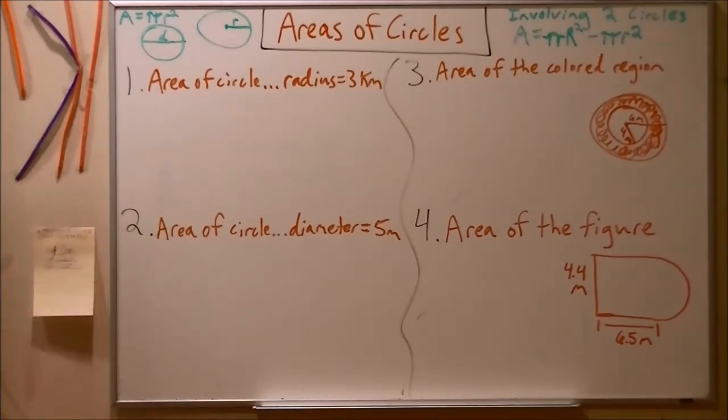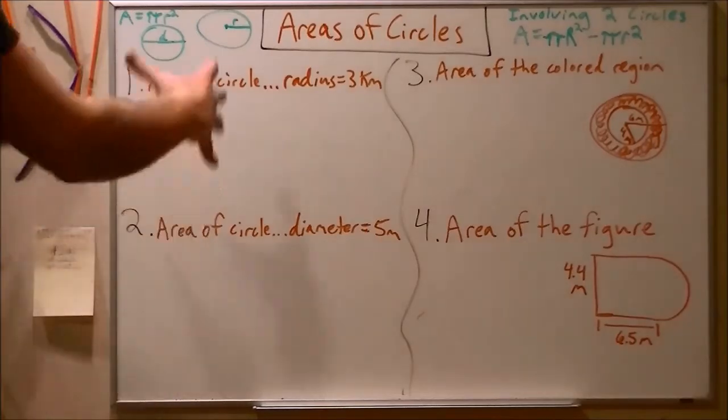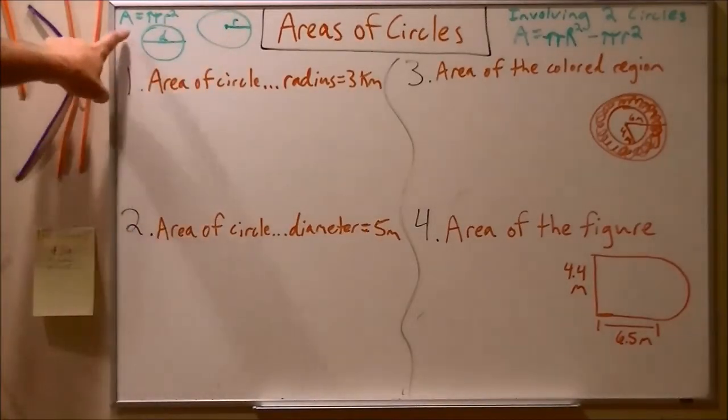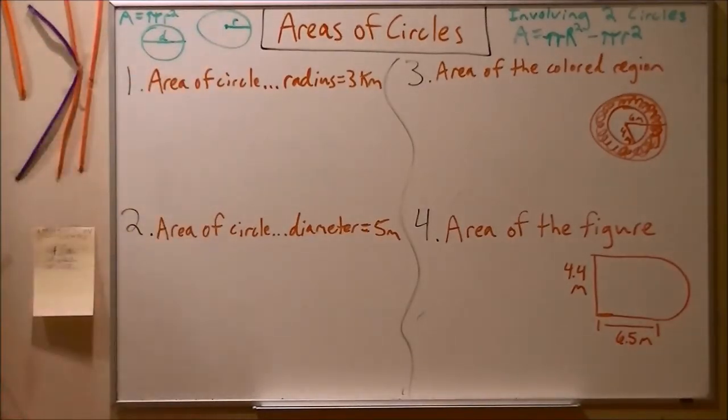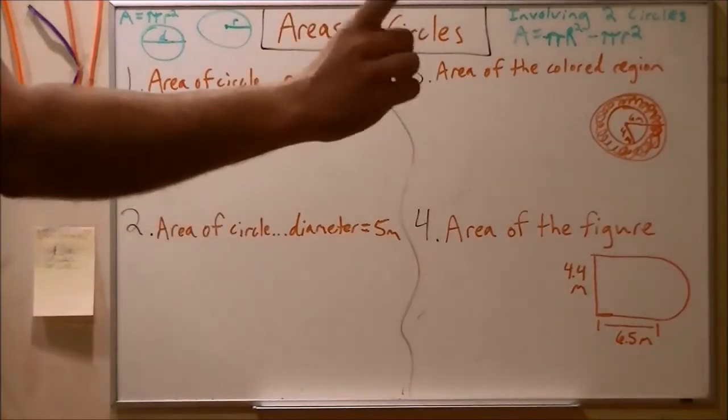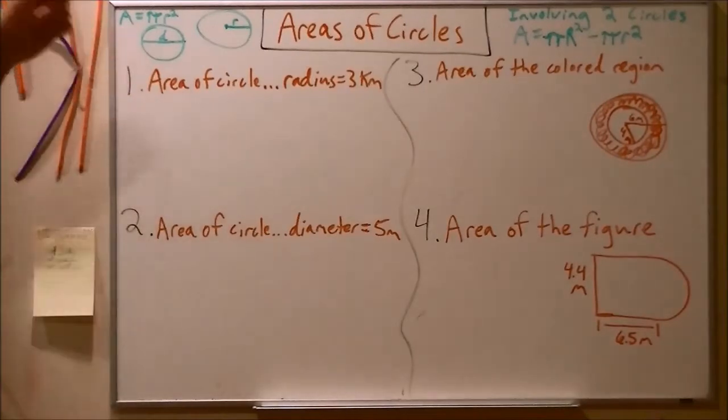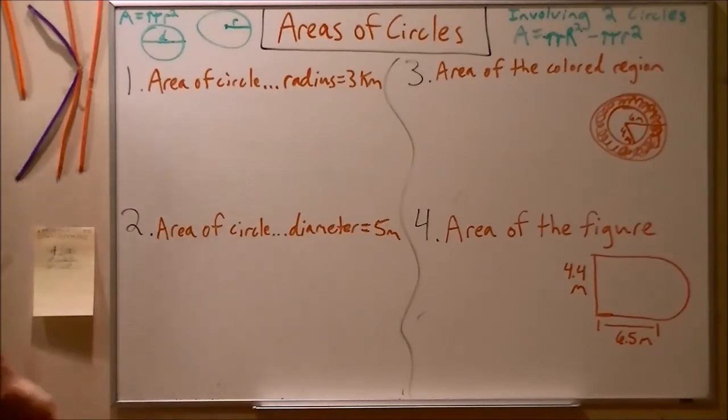Now, the second thing that I want you to write down is this formula. This is going to be key. The basic formula for finding the area of a single circle, only one, is A, standing for area, equals pi. You know about pi, you learn about it in elementary school.